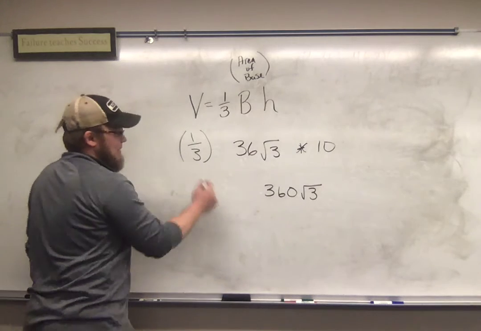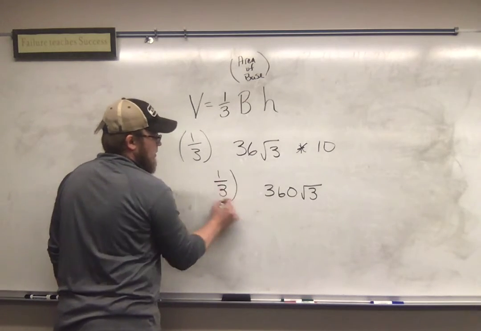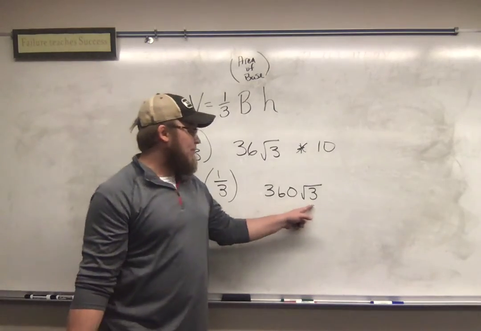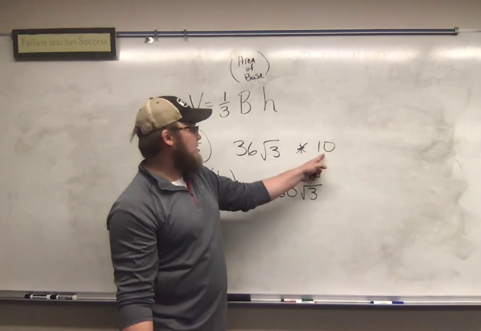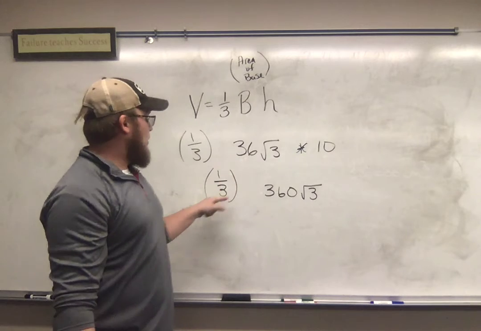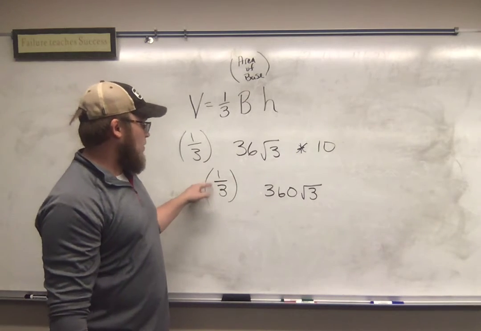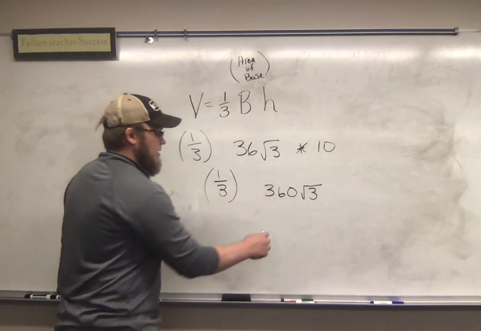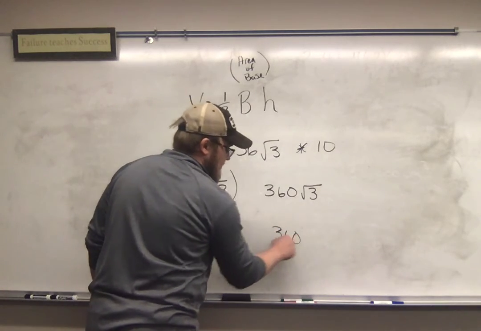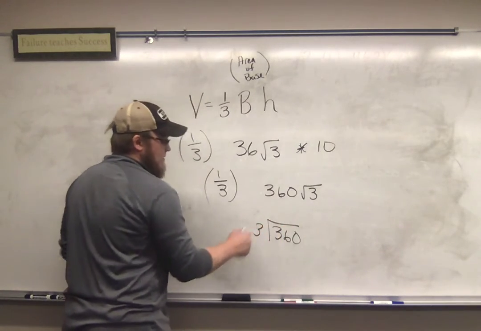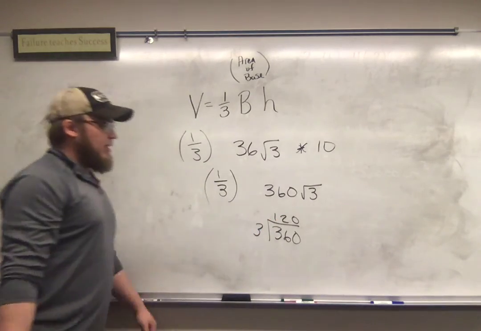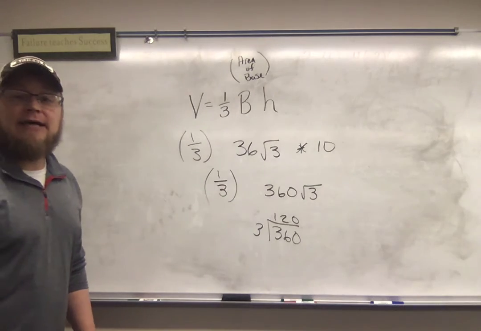And then don't forget we have to times it by 1/3. Or you can divide by 3. Now, you don't divide both of these, just like we did the 10 times the front number. We are going to do times 1/3 with the front number, or divide it by 3. So I'm going to divide by 3. 360 divided by 3, and you get 120, but that's not it, remember.